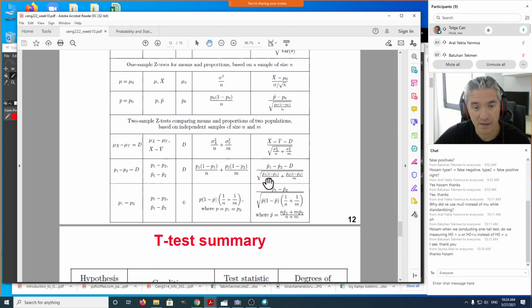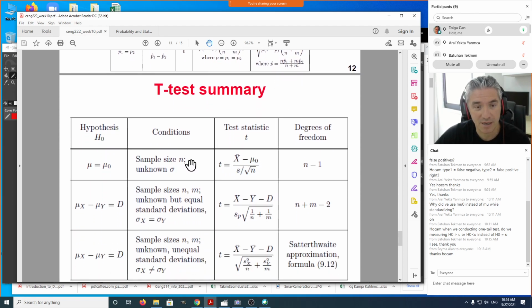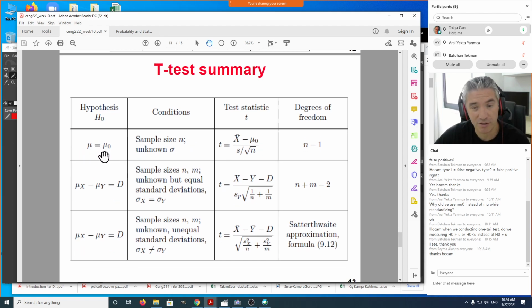Okay, and the t-test is very similar to this table. Here, the sample size is n, with unknown standard deviation. Testing, again, a single population mean, or testing the difference between two population means.